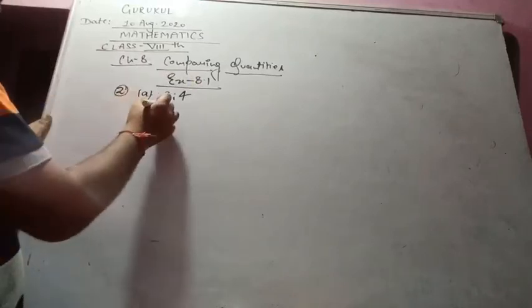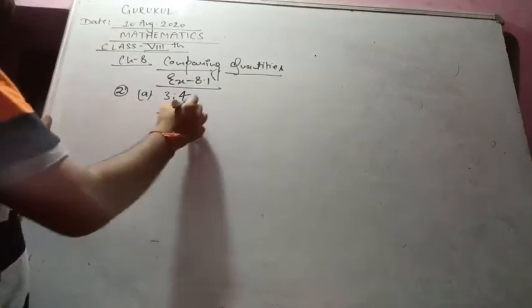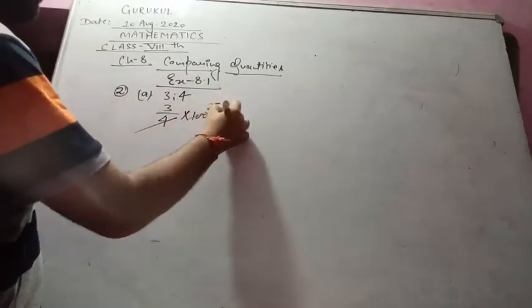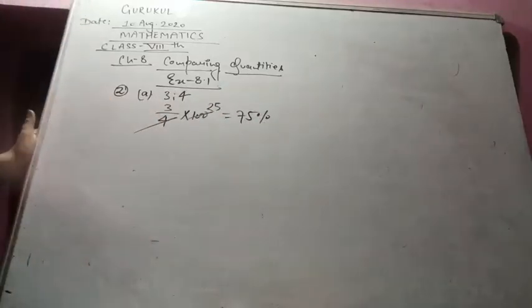This we have to convert into percentage. So we can write it 3 upon 4. I already have told this in the example as well. So into 100. 4 25s are 100, 25 3s are 75. 75% is the answer. We have converted this ratio into percentage.